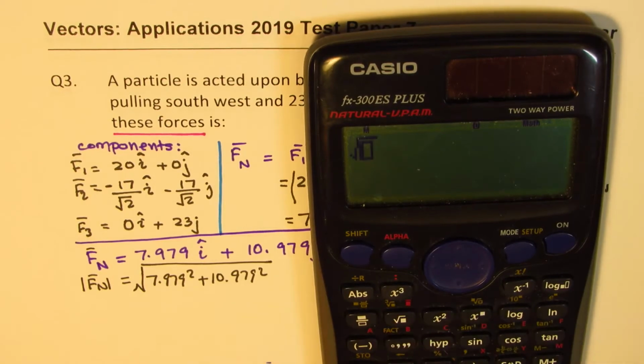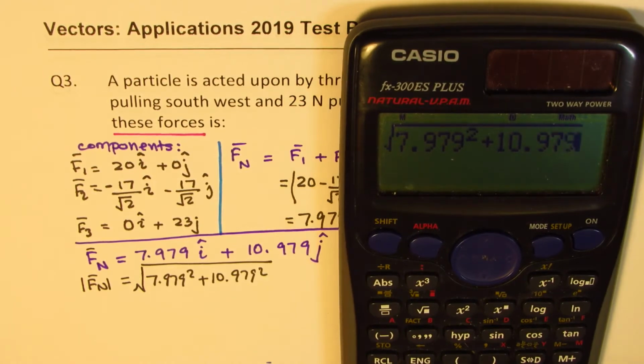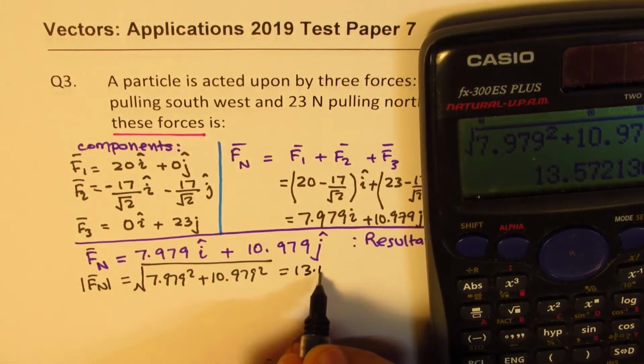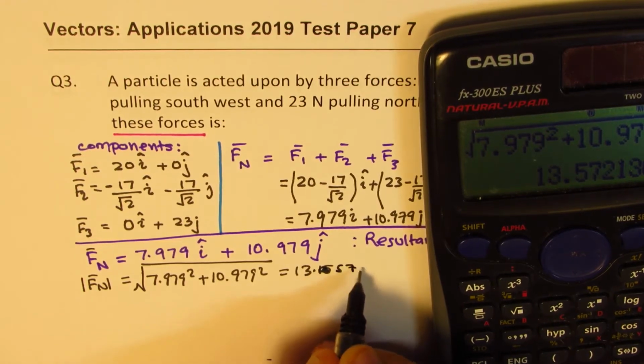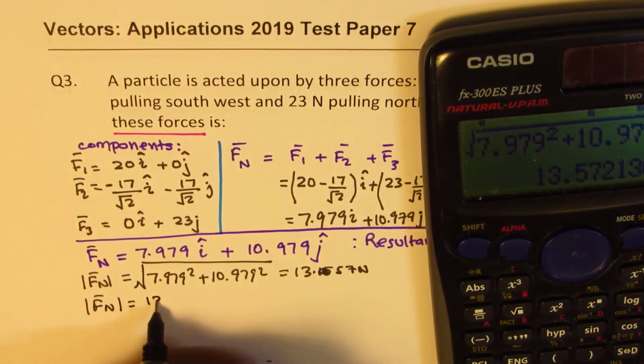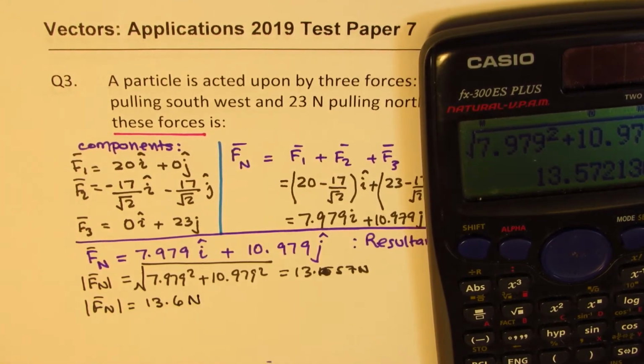So we get square root of 7.979 square plus 10.979 square, which is equal to 13.57 newtons, right? So let's write the magnitude of this force as 13.6 newtons. Is that okay?